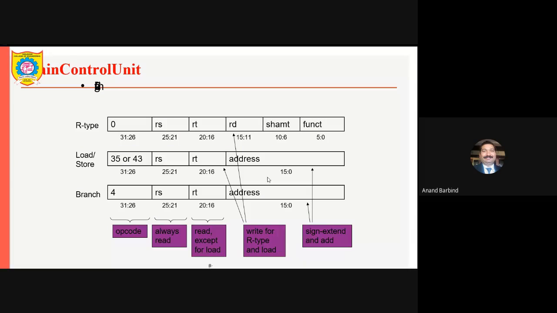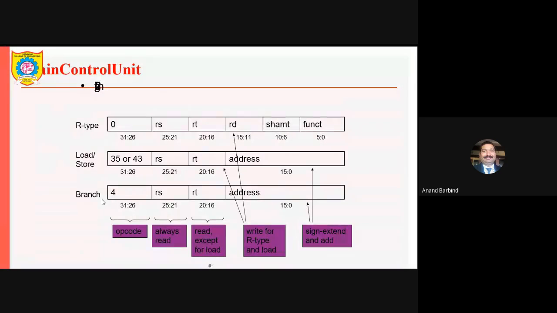That number is added by the second adder to the result of the first adder, and then that address is stored back to the program counter. Okay, so this is how the branch instruction works. So three major types of instructions are there with the MIPS processor.